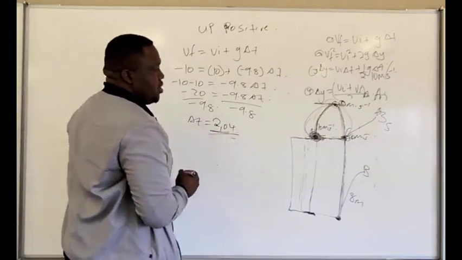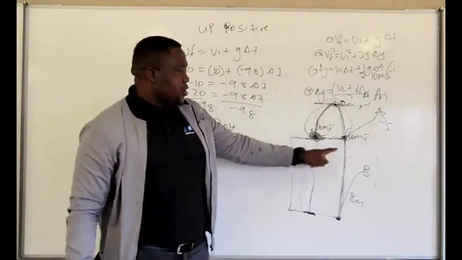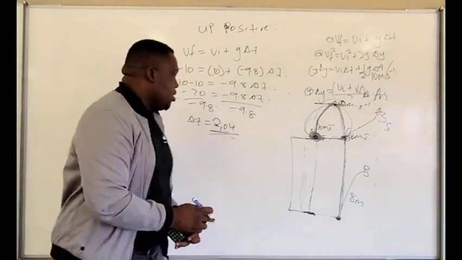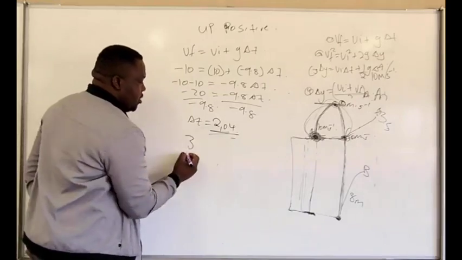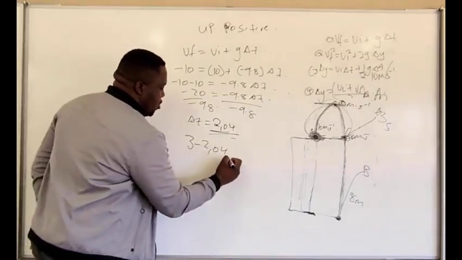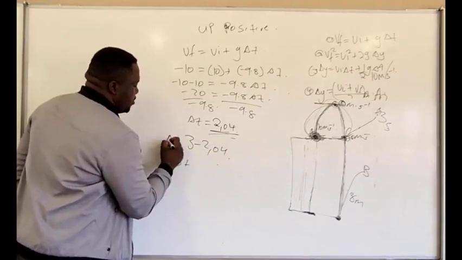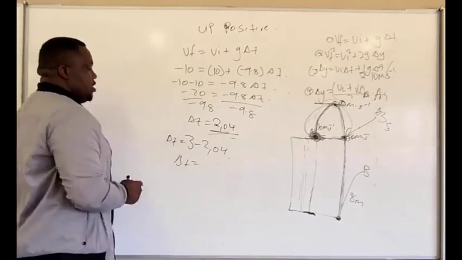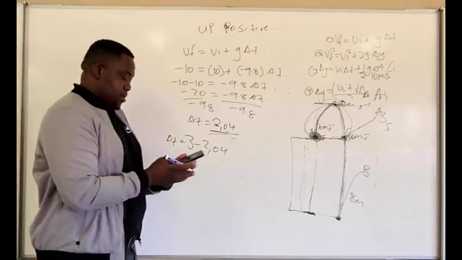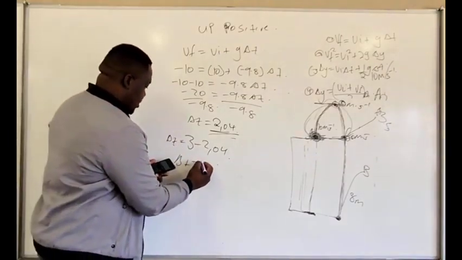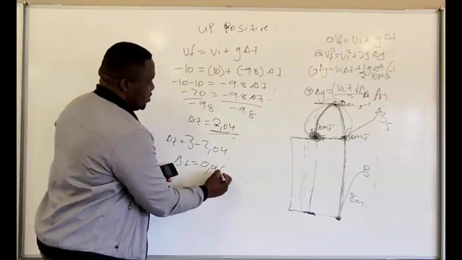It means that the time it took for this ball to move from the edge of the building to the bottom of the building, we are going to say 3 minus 2.04, meaning that our changing time is going to be 3 minus 2.04. That will give us 0.96.